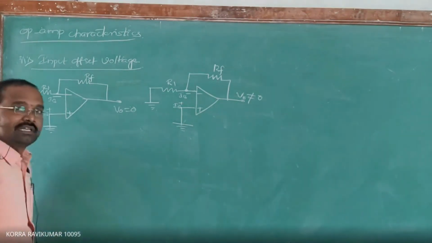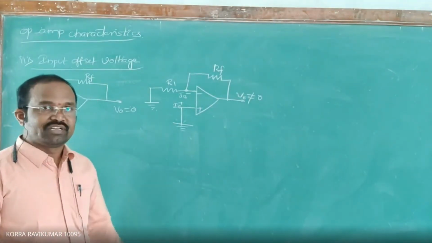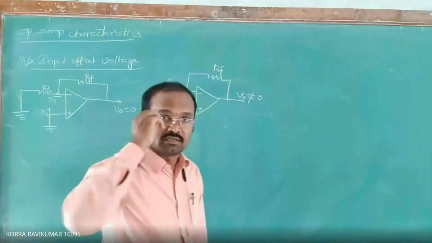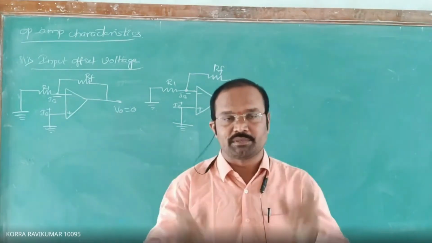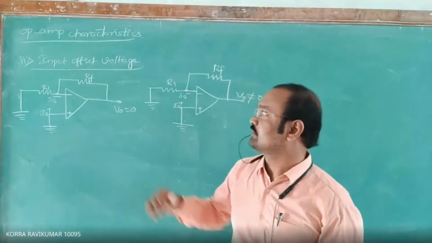Right. All of you listen. Now we are discussing input offset voltage first. What is input offset voltage and how is it applicable to both ideal op amp and practical op amp? Let's see here.